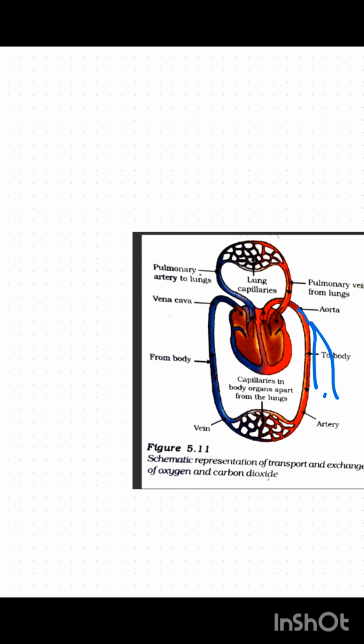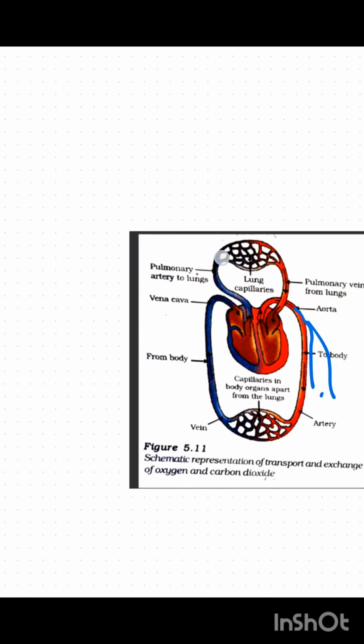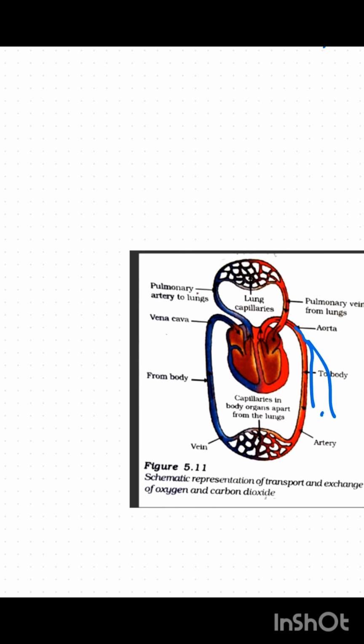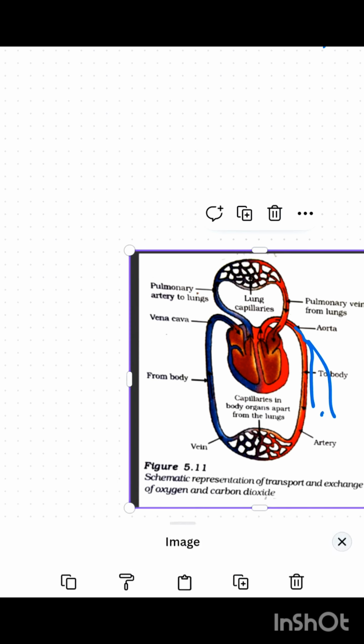Once again the cycle continues: towards the right atrium, then the blood moves to the right ventricle. Here the valve will be closed to prevent backflow. You hear the sound like lub. Then it moves towards the pulmonary artery and to the lungs for purification, where deoxygenated blood is converted into oxygenated blood.